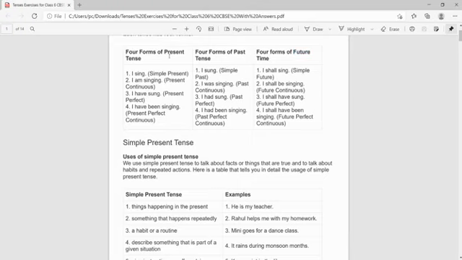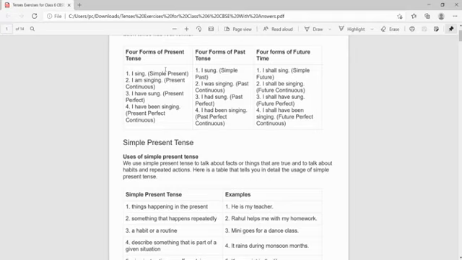When you see all these 3 types of tenses, each tense has 4 different forms. Before going to the forms of tenses, I want to tell you the tenses are nothing but time classification of the sentence.